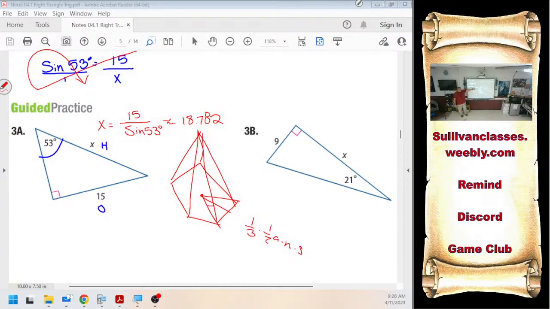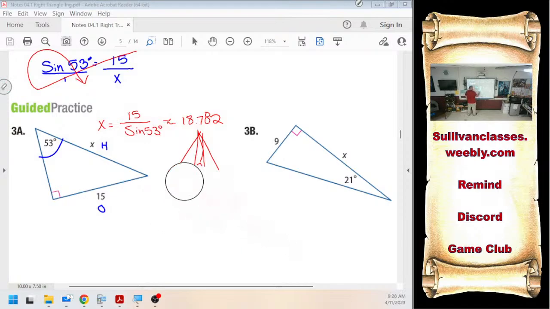Well, they couldn't work with an expression like this, 15 over sine of 53. They just could not put that on their paper without freaking out. So we went to 3 decimal places, and it turns out it was pretty accurate.